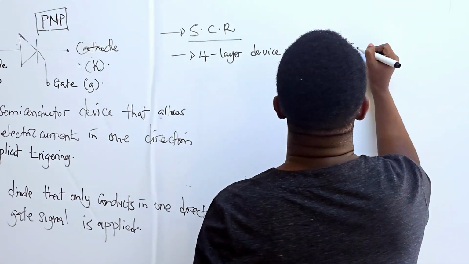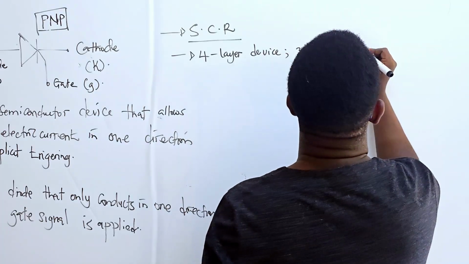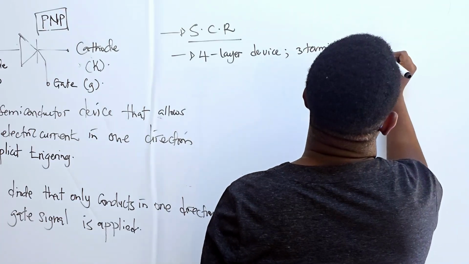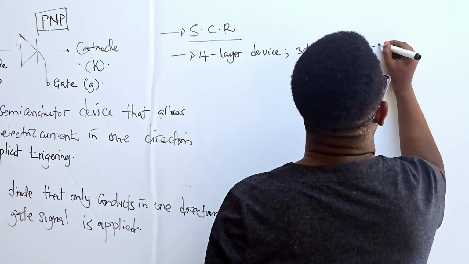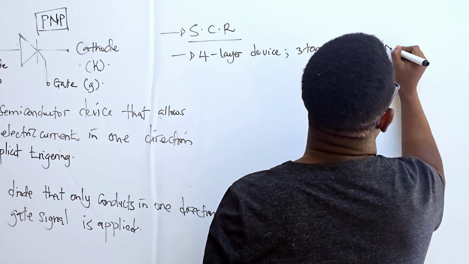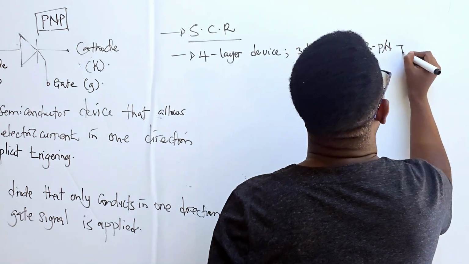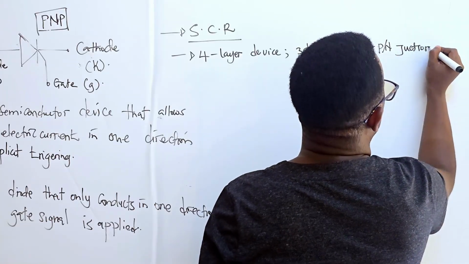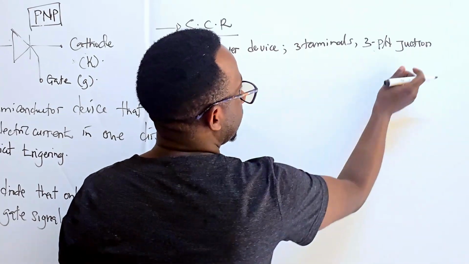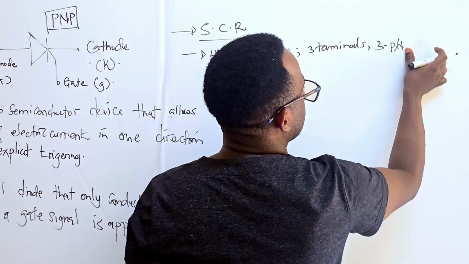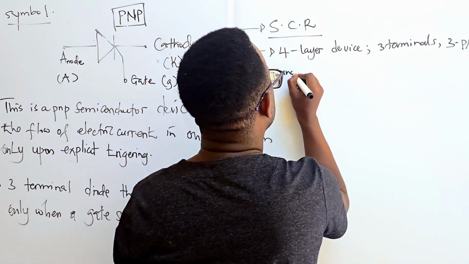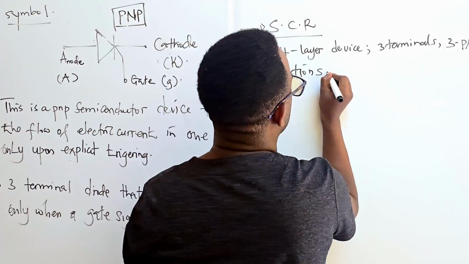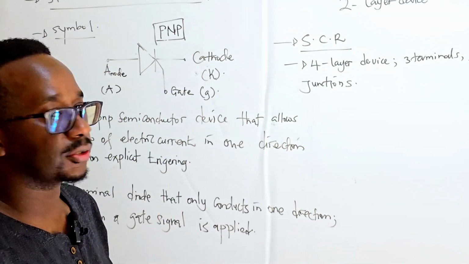So yes, four layers, and three PN junctions.